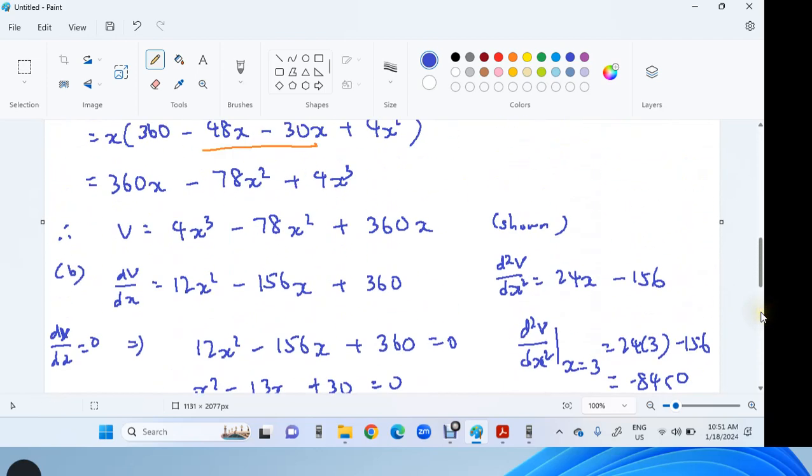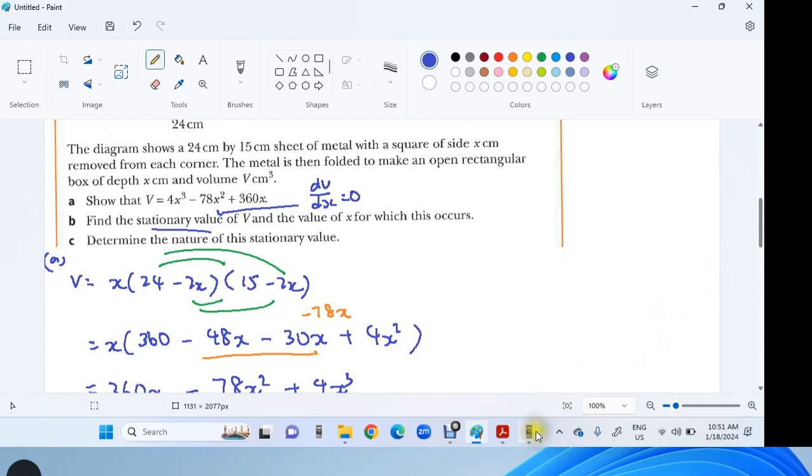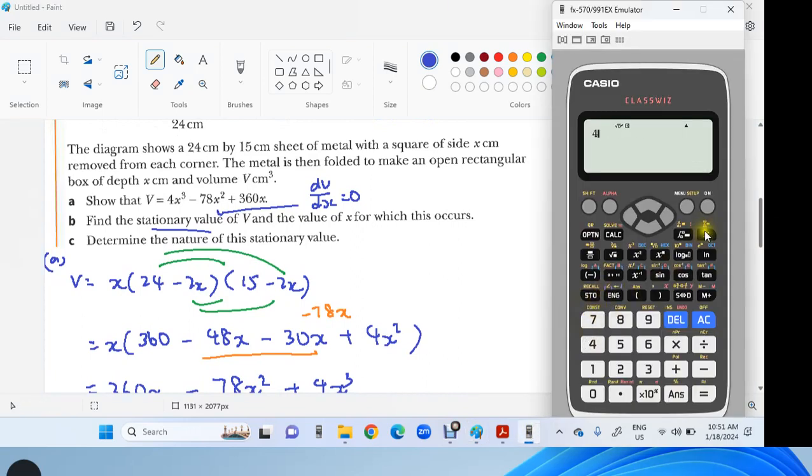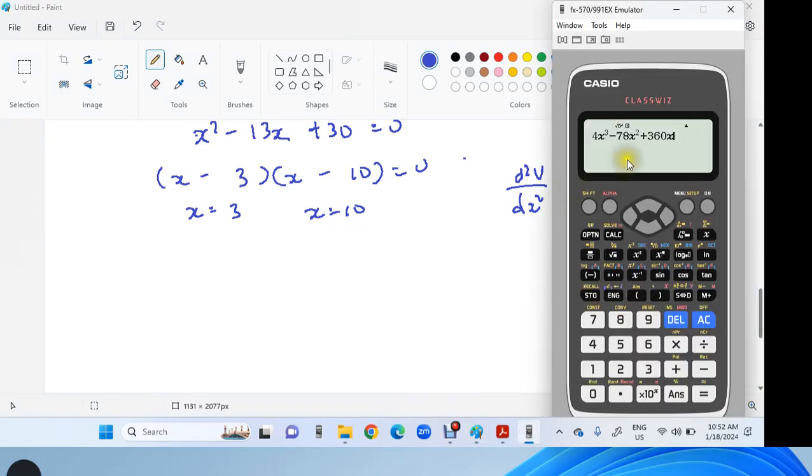The value of v is 4x cubed minus 78x squared plus 360x. When x equals 3, calculating gives 486.